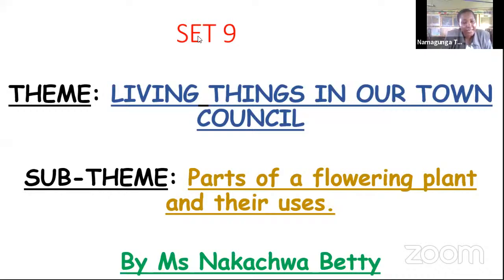Set 9 has the theme, living things in our town council, and the sub-theme, the parts of a flowering plant and their uses. In set 7 and 8, there was something connected to this.